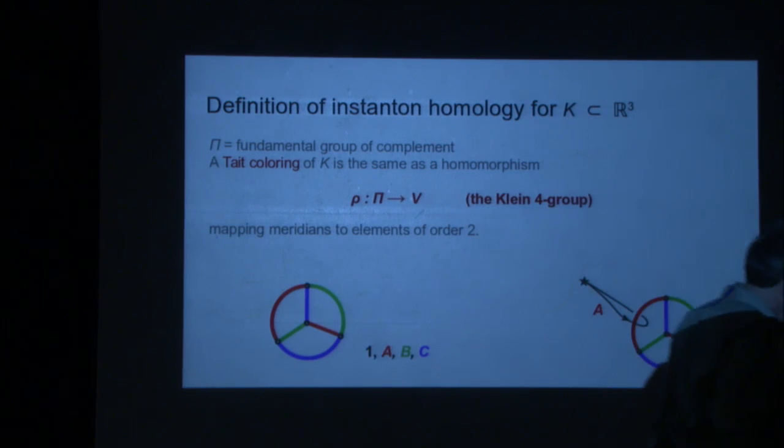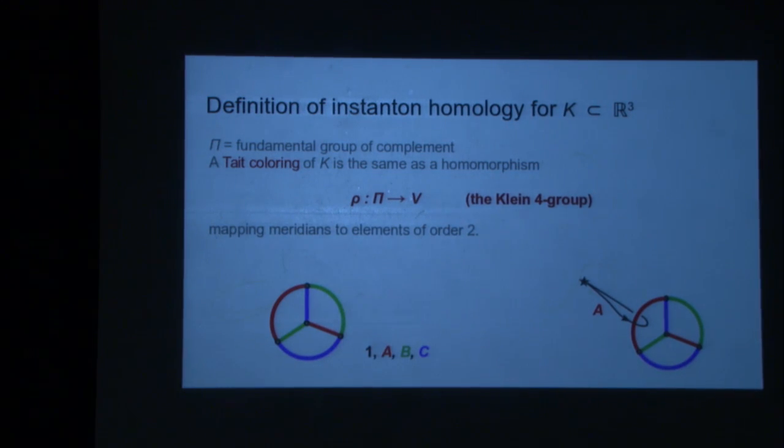The fundamental group is generated by loops like this, which I'm calling meridians. They start at the base point, they walk to an edge, they loop around the edge, and they walk back to the base point.